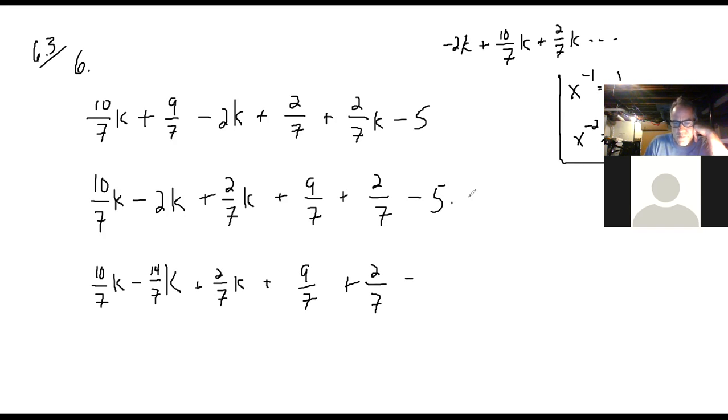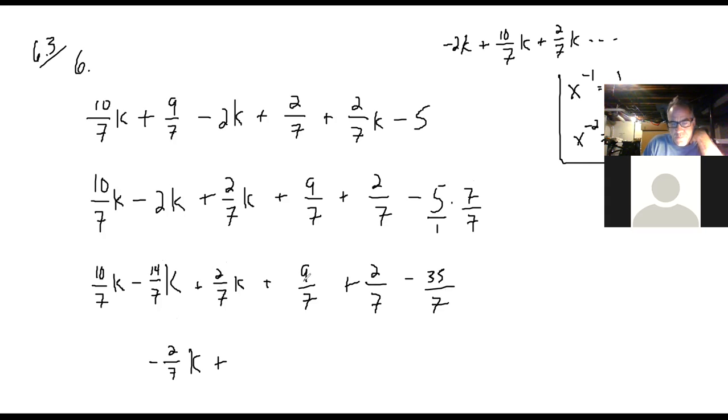I'm multiplying top and bottom, the bottom's hidden, it's 1, by 7, what I need to be the LCD, so it would be 35 over 7. And then I can go ahead and combine these. I will have a denominator of 7. 10 minus 14 is negative 4. And negative 4 plus 2 is negative 2. So it's negative 2 sevenths.